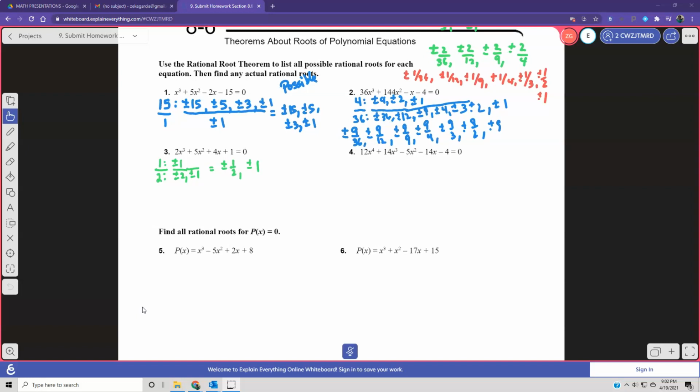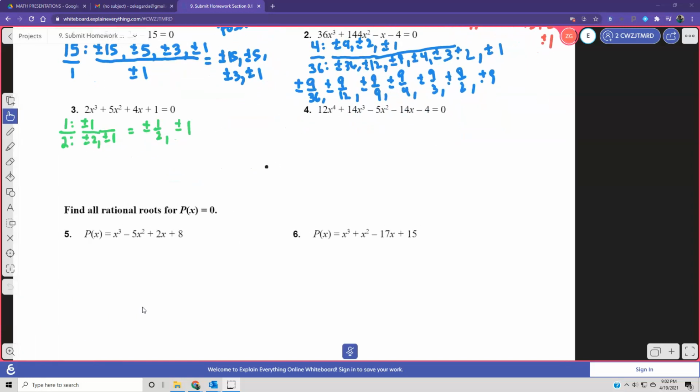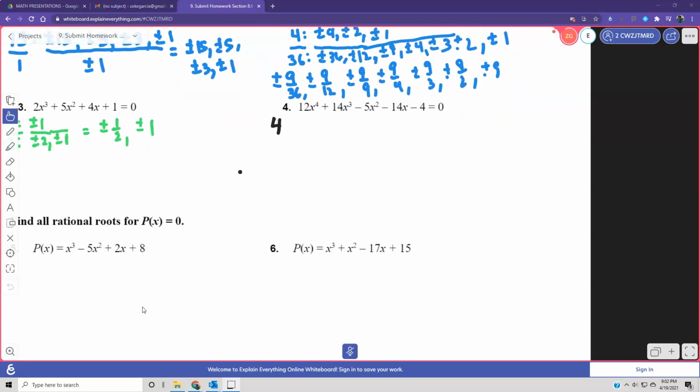Okay, so let's go ahead and do number 4. Let's figure out the possible list for number 4, and I'm going to use a different color. So we're going to get the factors of 4 over the factors of 12. So we have plus or minus 4, plus or minus 2, plus or minus 1, divided by plus or minus 12, plus or minus 4, plus or minus 6, plus or minus 2, plus or minus 1.